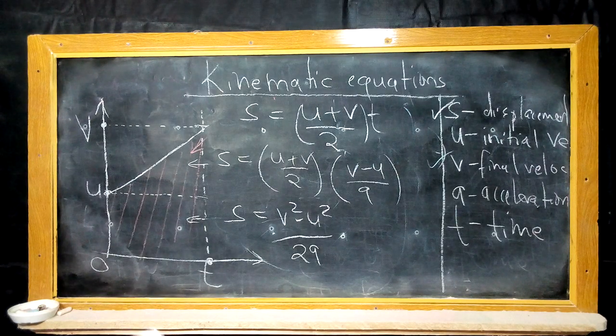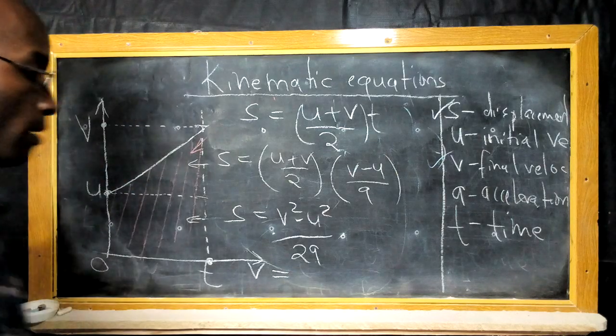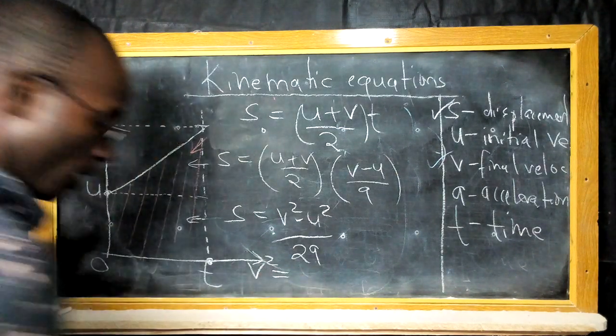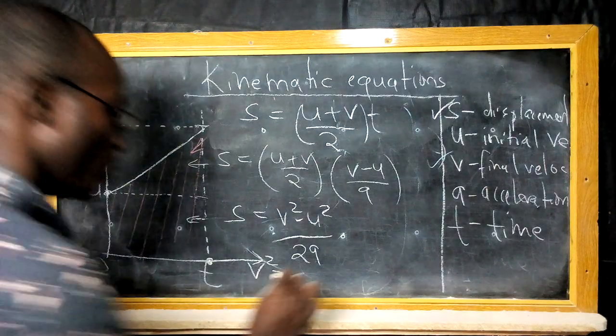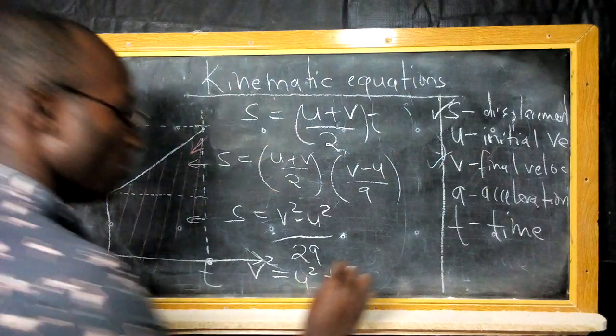Making v the subject of the formula, of course, because of space, I just write the answer for that. v squared is equal to u squared plus 2as.